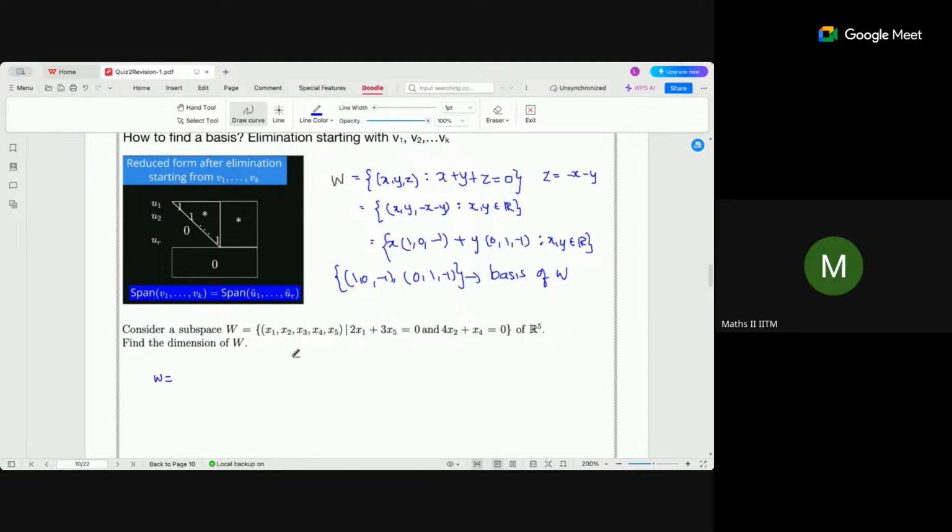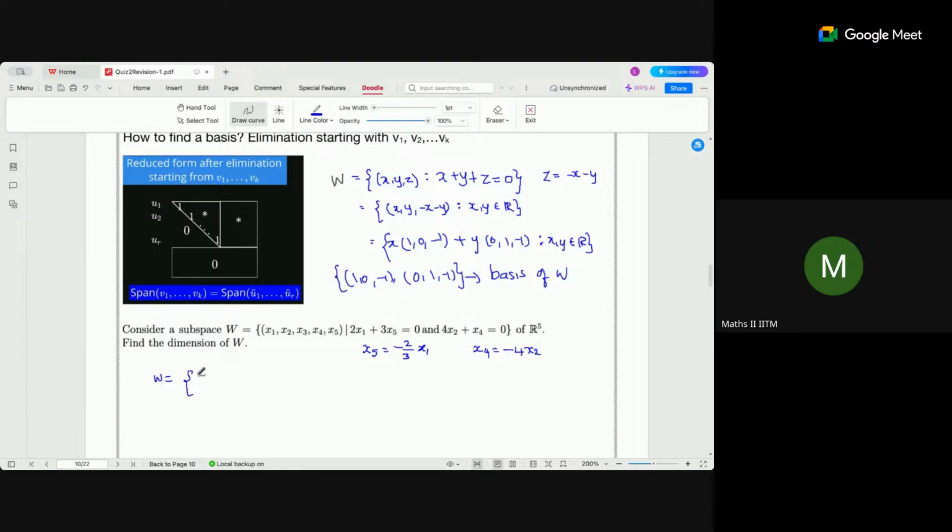So now W is equal to, instead of x5 you have minus 2 by 3 x1, and instead of x4 you have minus 4 x2.